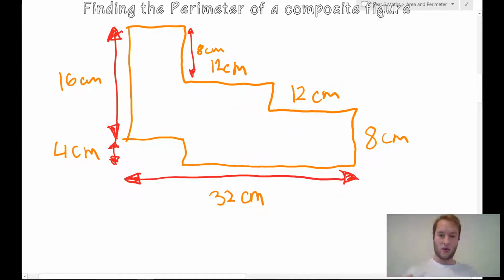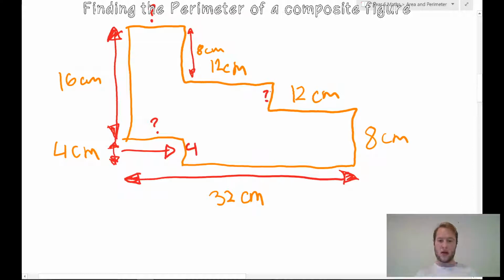Anyway, next example, I might just zoom it in so the other working out's not in our way. Let's find out what we don't know. So I don't know what this measurement here is, what this measurement here is. I do know what this one is because I can look opposite it. So opposite here it is 4 because of here, yeah. And I don't know what this measurement here is.